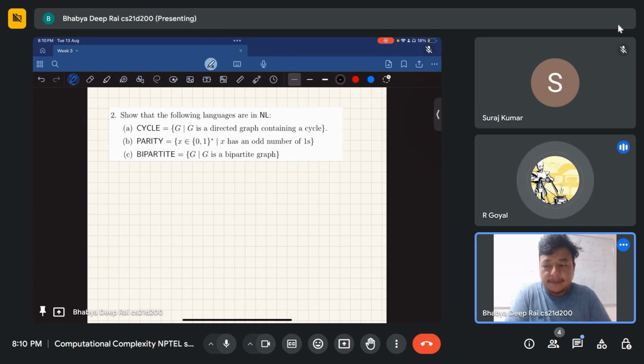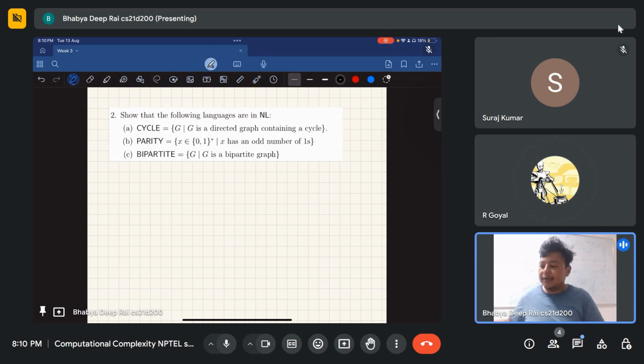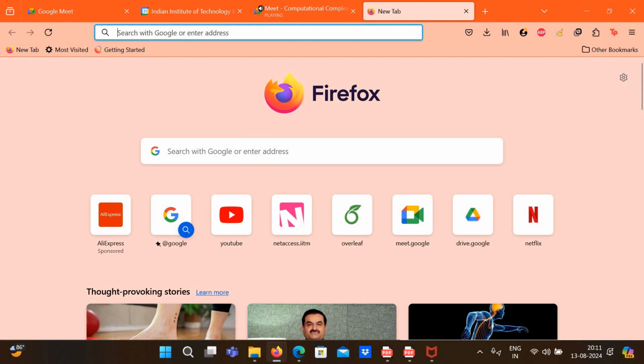When will you upload these notes? In the announcement part of the interface, there is an announcement that the problem session has been recorded, and here you can find the notes and so on. But I can share it here in the chat also.